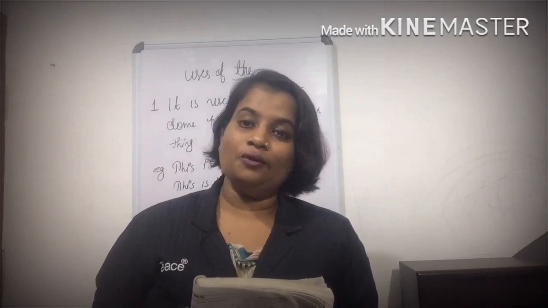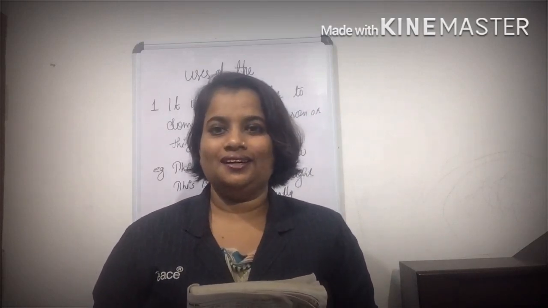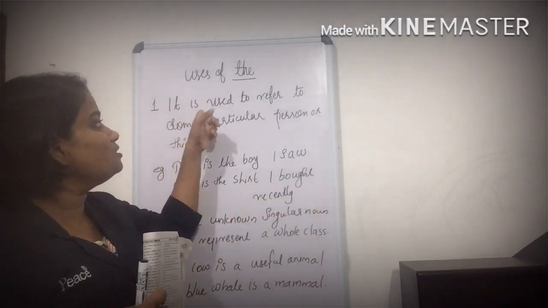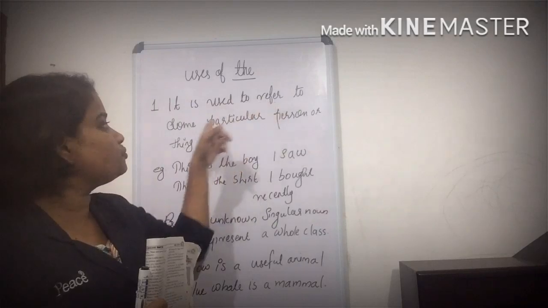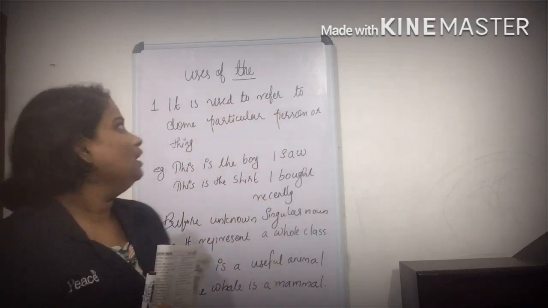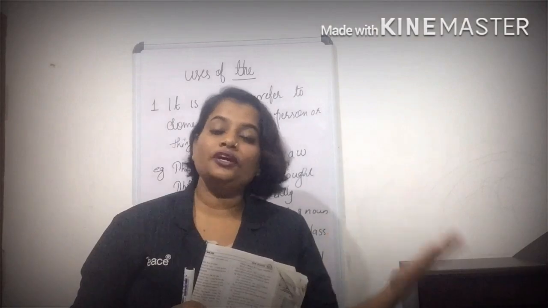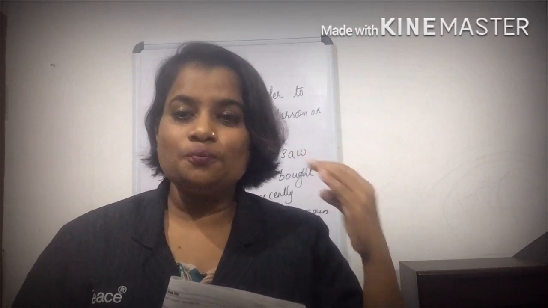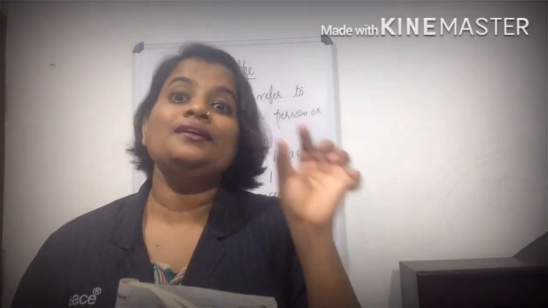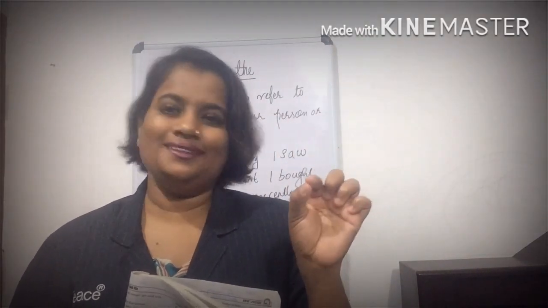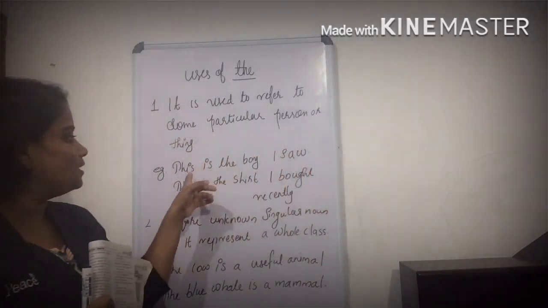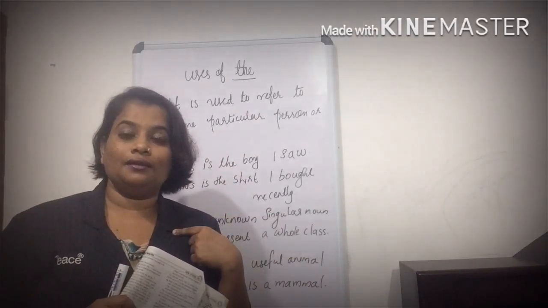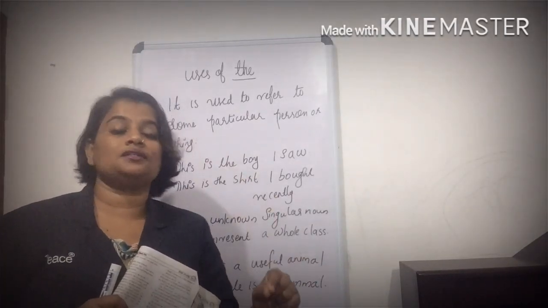Now we are going to discuss the definite article the. The first use is to refer to some particular person or thing. Why are we using the? The is used to specify a particular thing or person.